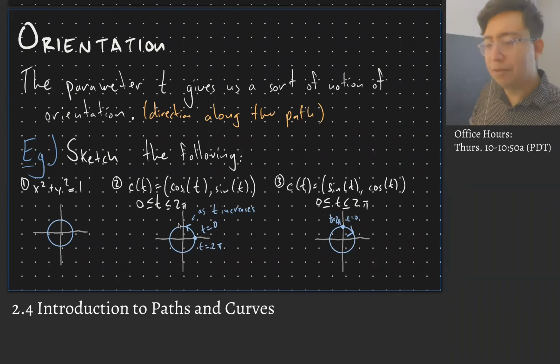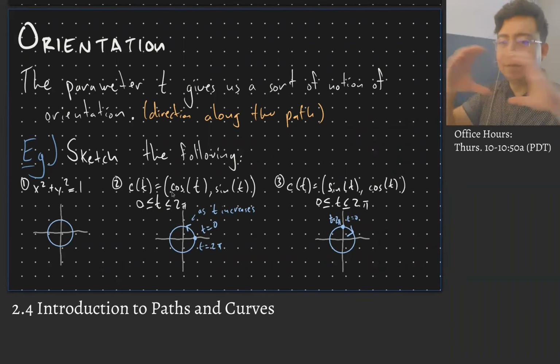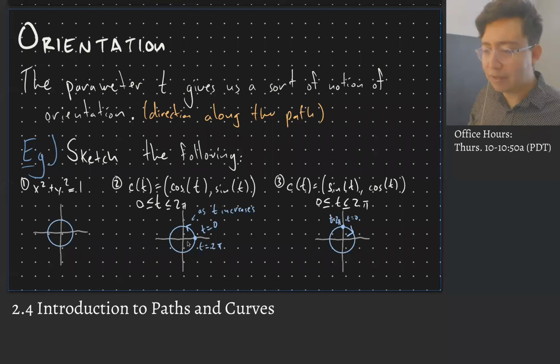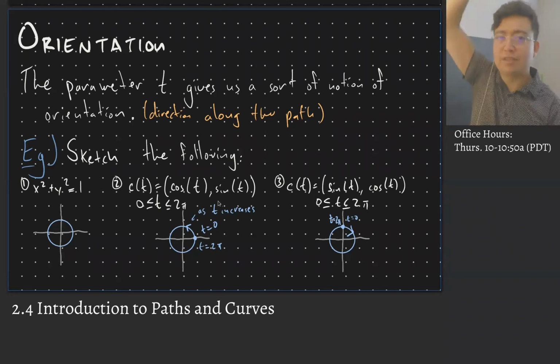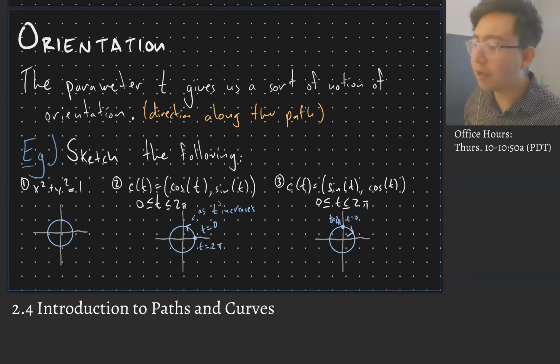Same thing if you want to make an ellipse, then you multiply them by different numbers. So if you multiplied by 2 and 4, then the x value would be scaled by 2, but the y value would be scaled by 4. So it would be stretched out more in this direction than in this direction. So you'd get an ellipse. There are some examples of that on the homework.